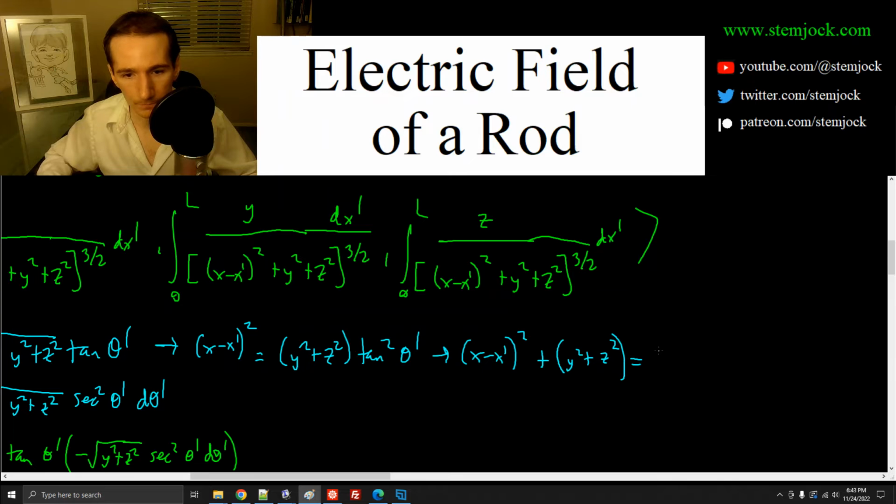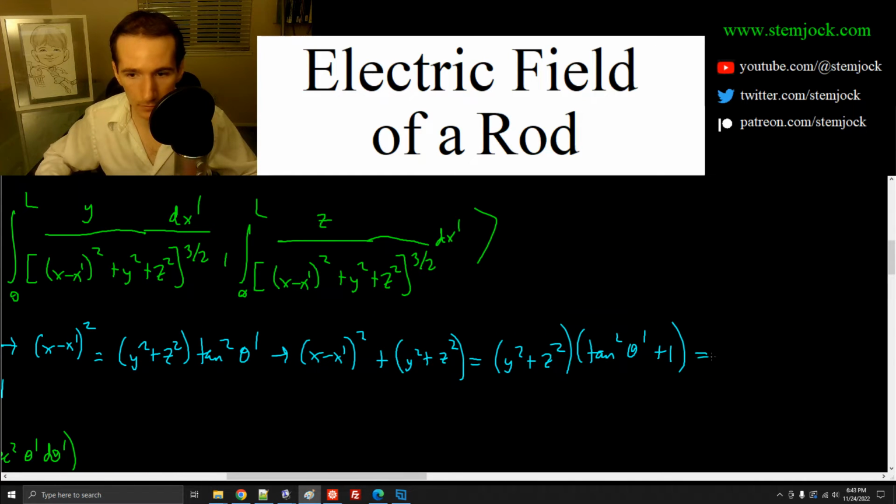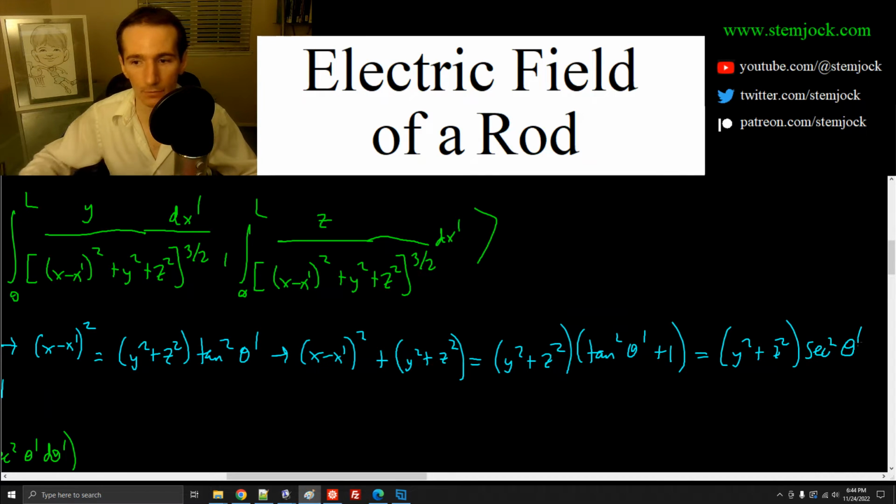This will be y squared plus z squared times tangent squared theta prime plus 1, which is going to be y squared plus z squared secant squared theta prime.